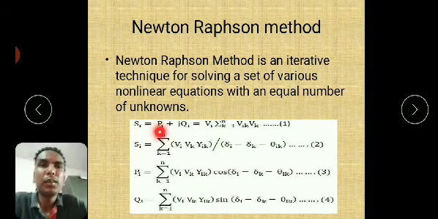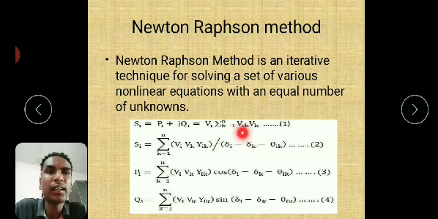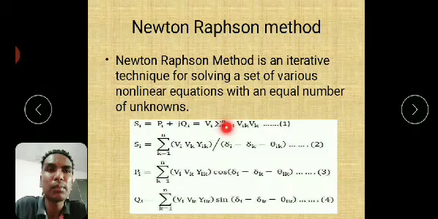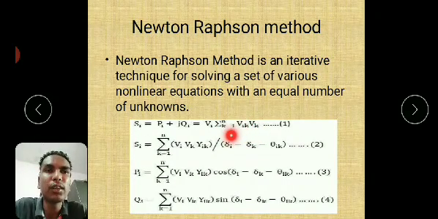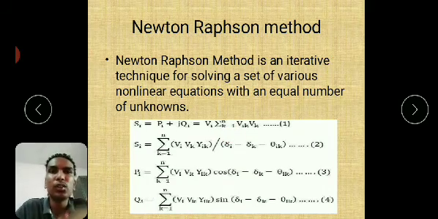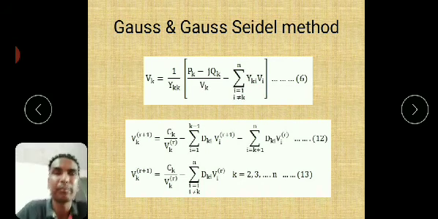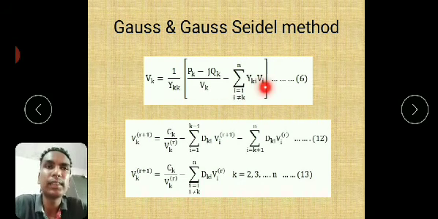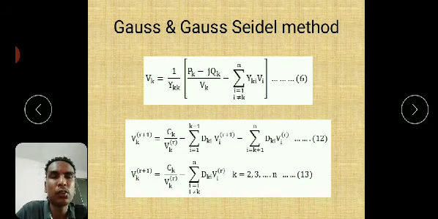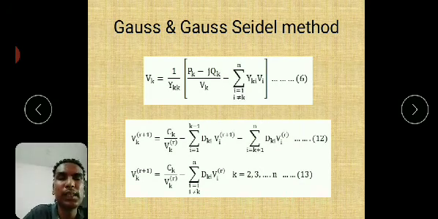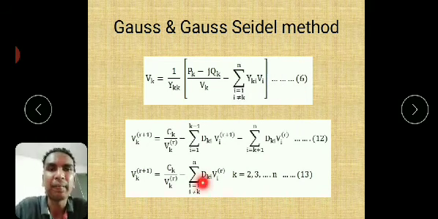So now the equation will be Pi plus jQi upon Vi, into Vi into Yii, plus the summation for k equal to 1 to n of Yik Vk, where k is not equal to i. If we modify this, we can reach this equation. So this is the final equation of Gauss. But to see the more often used iterative equation, we have come here.